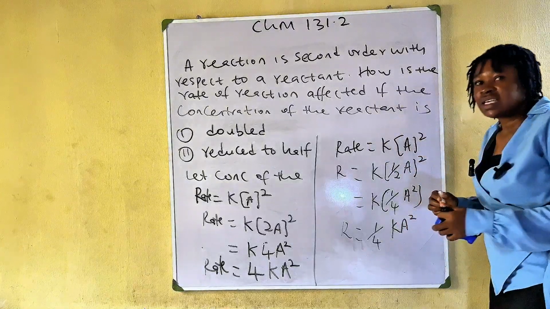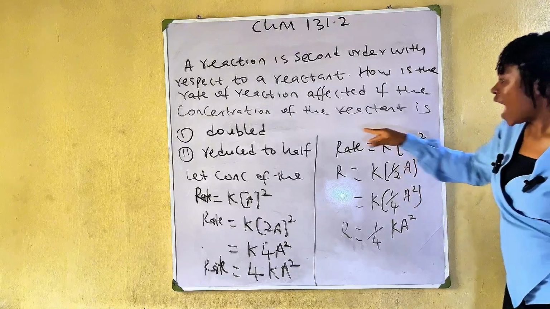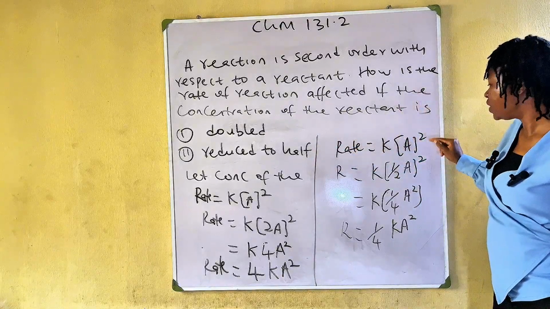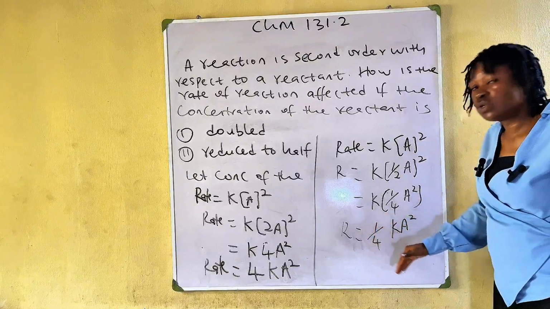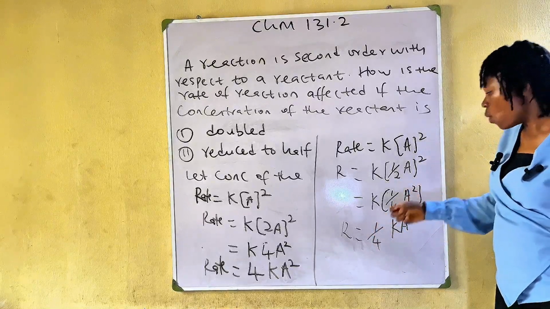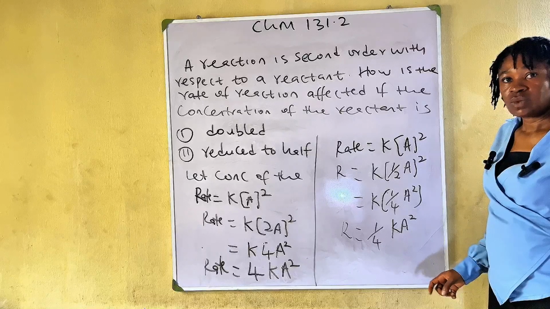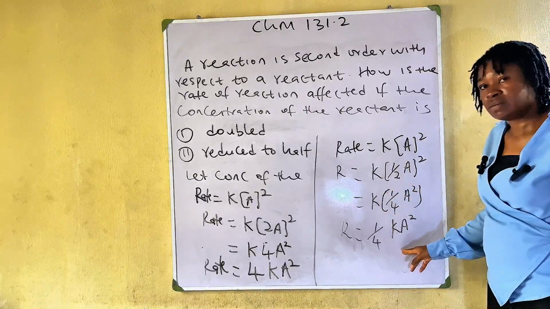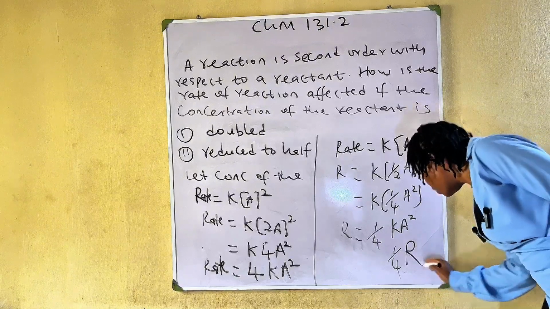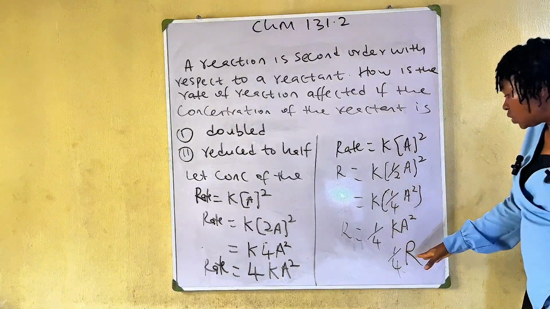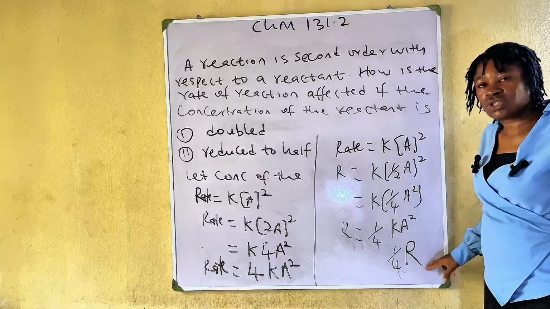So it means that if I reduce the concentration of this reactant by half, the rate of reaction is going to reduce to 1/4. So it's going to be 1/4 of the rate of the reaction.